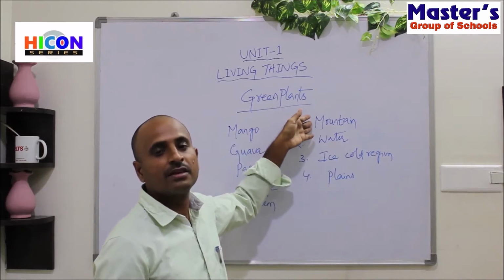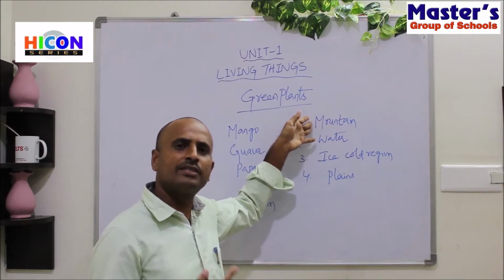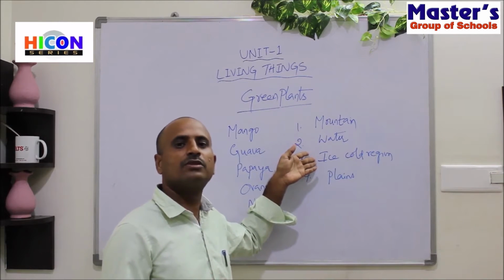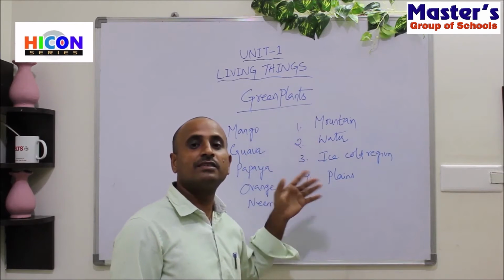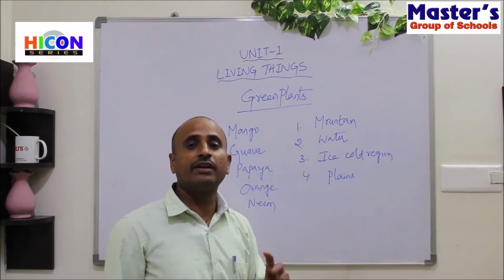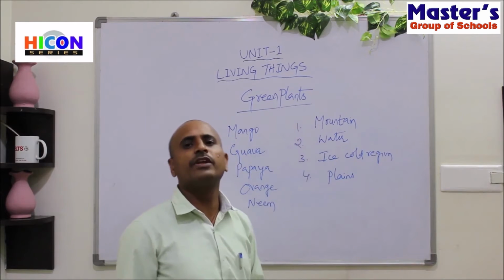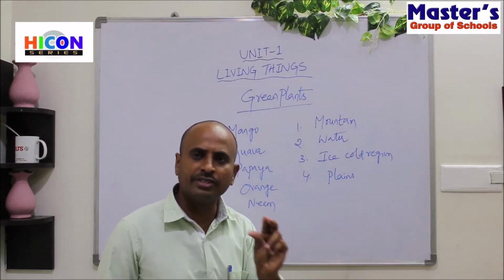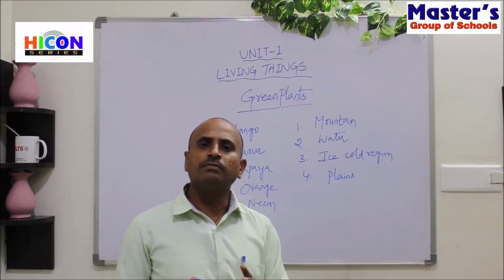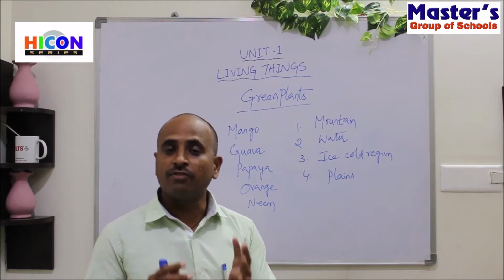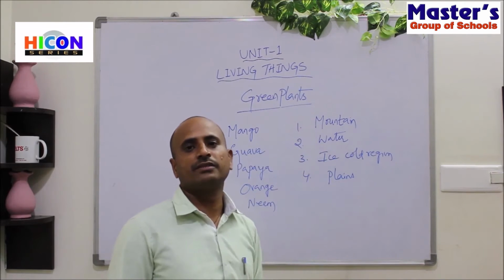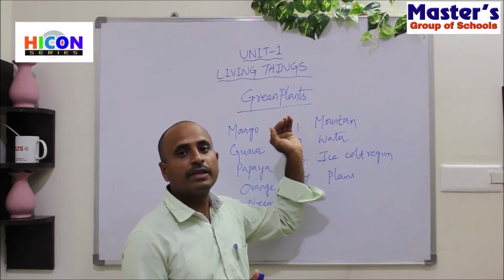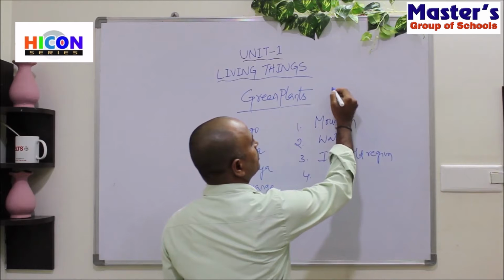In mountain areas the climatic conditions and temperature are different, and in ice cold regions the temperature and atmosphere are also different. So each region has different climatic conditions, atmospheres and environments. The plants growing in a particular region will develop some special features to survive in that region. These special features developed by the plants are called adaptations.